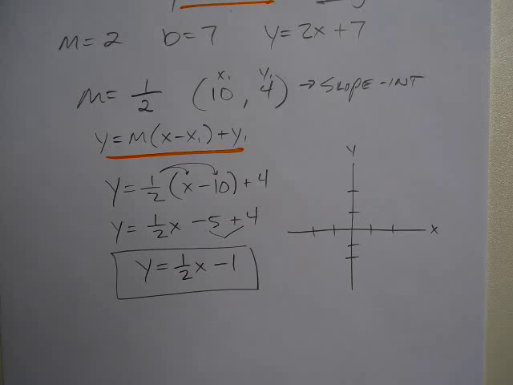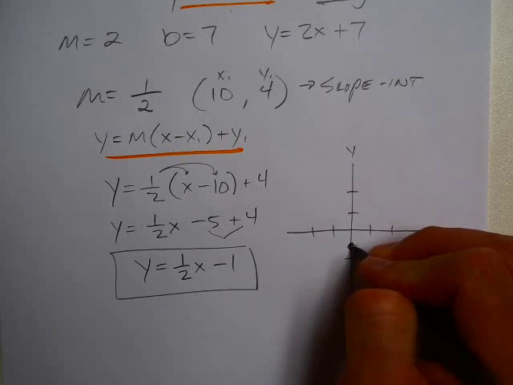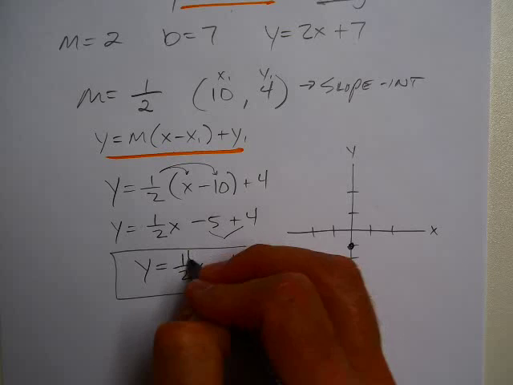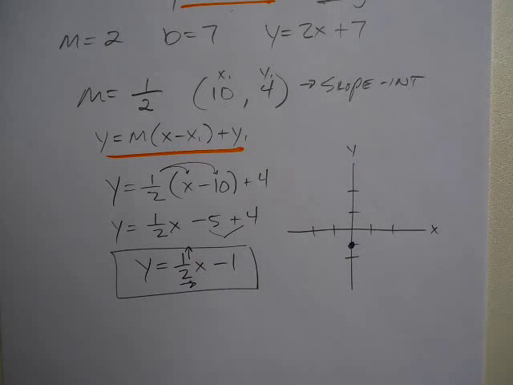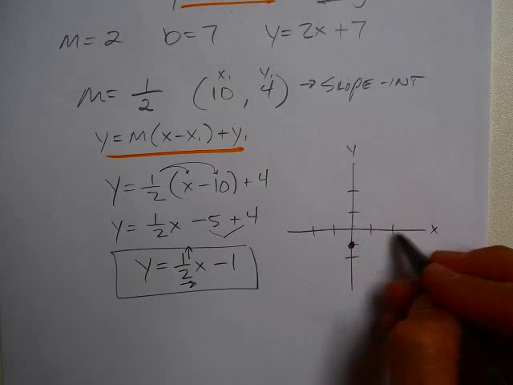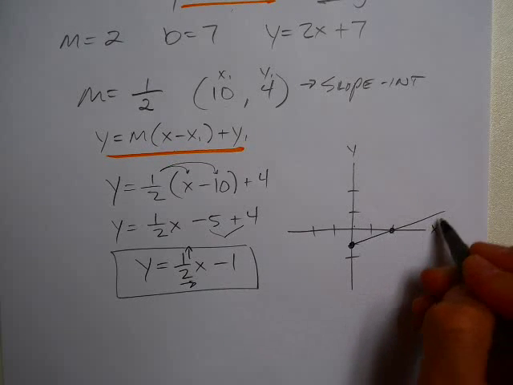Assuming we're counting by ones, we'll start at b, which is -1. From there, I've got rise over run, the slope. So that's going to be up 1 and over 2, and there's the line.